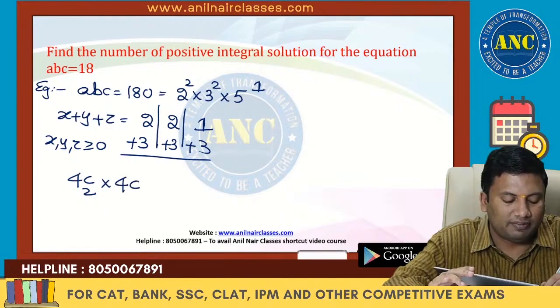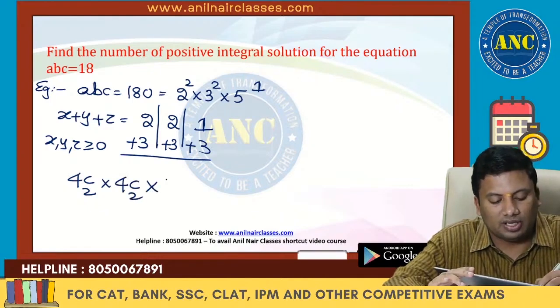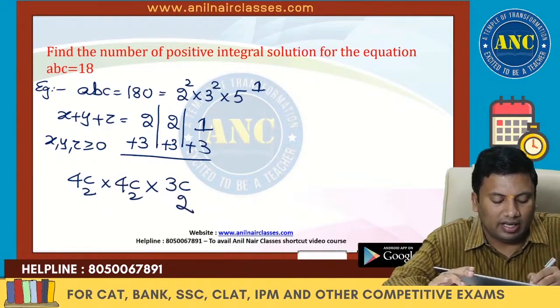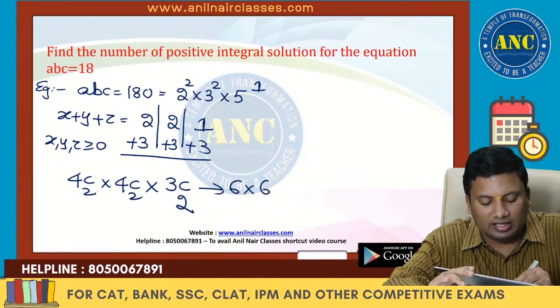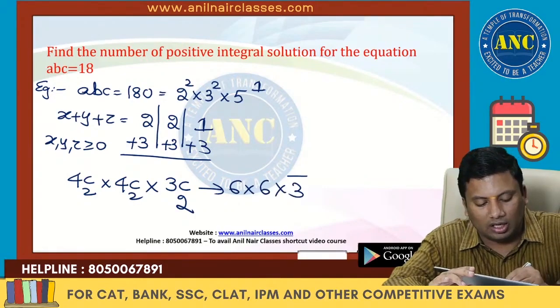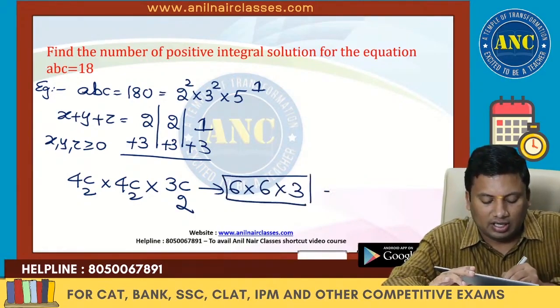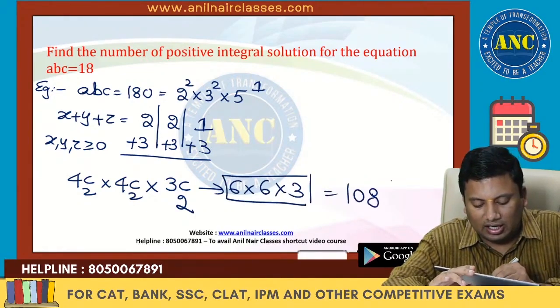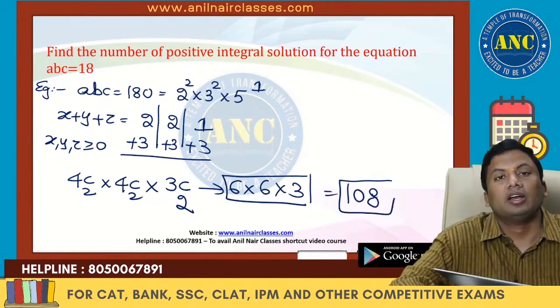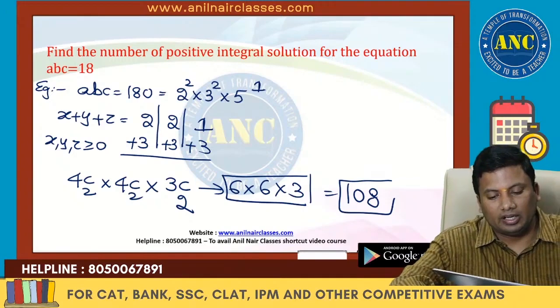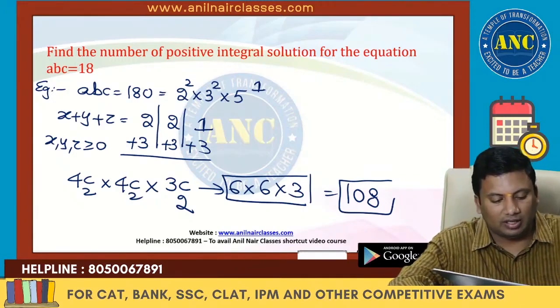Again 2 plus 3, 5, 4C2. 1 plus 3, 4, 3C2. Direct answer: 6. This is exactly the reason why you should not miss any of the classes, sir. 36 threes are 108. The number of positive integral solutions for this one is nothing but 108.